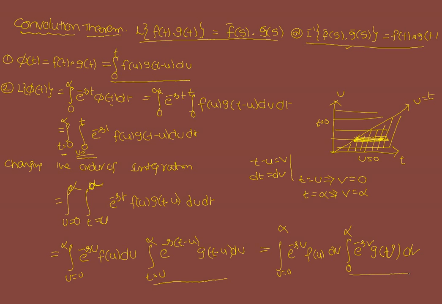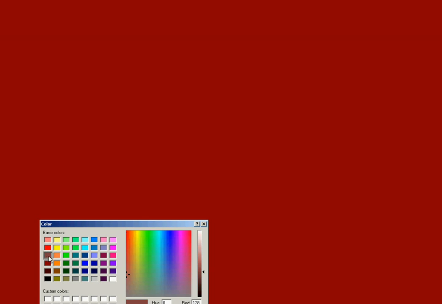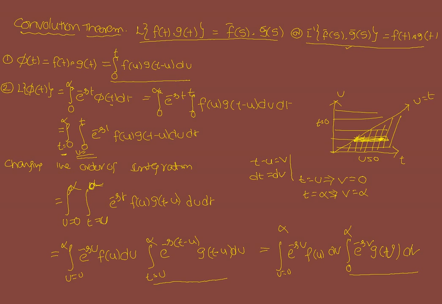So this one you can write as, instead of this one you can write it as integral u is equal to 0 to infinity e power minus su into f of u into this integral, this one you can write as g bar of s into du.